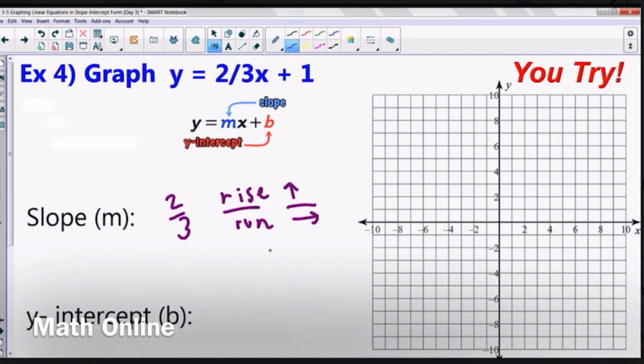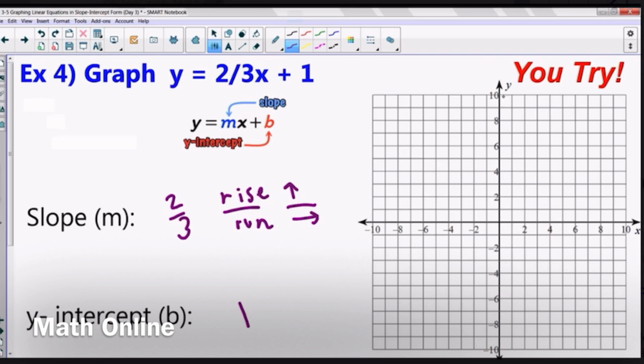Now that we know the behavior of our slope, we will be ready to use our slope to find more points. But before we do that, let's go ahead and identify the y-intercept. The y-intercept will be 1 in this case. Remember, the b value is the y-intercept. The y-intercept is always placed on the y-axis.